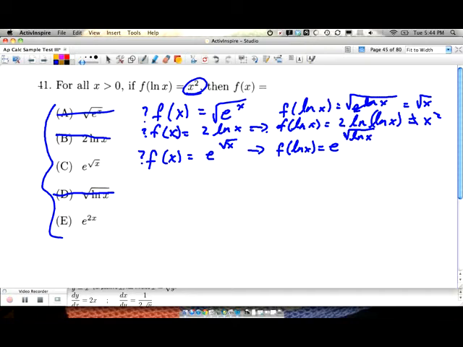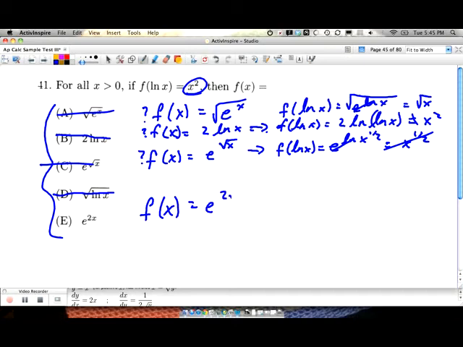So we can take this square root and just make it a 1/2 power. Then that would mean that we have the e and the natural log reduced, and we just have x to the 1/2. That's not what we want, so it's not c. By default, then, it's probably going to be e, but let's double check.